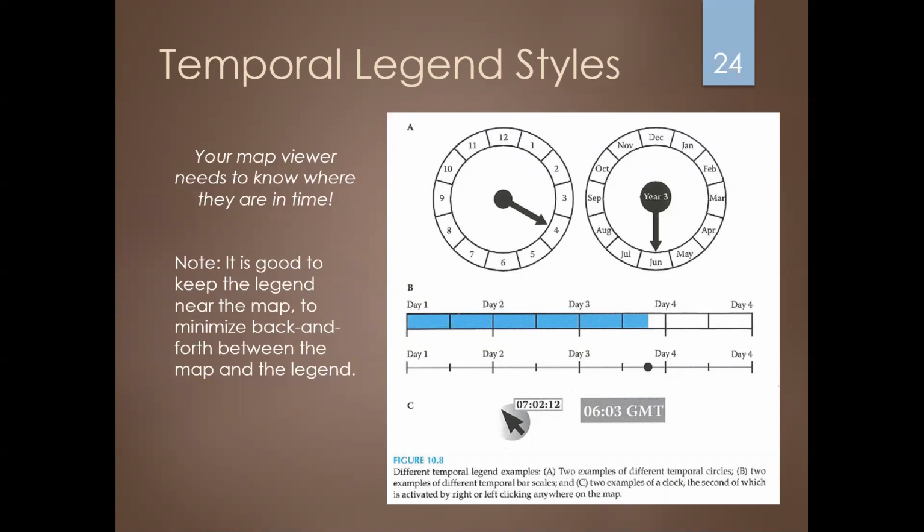People will know that suddenly the area of interest changed from one city to another. It's relatively easy for your readers to know that, but the change of time is hard to perceive. So using proper temporal legends will help people to correctly perceive the change of time.